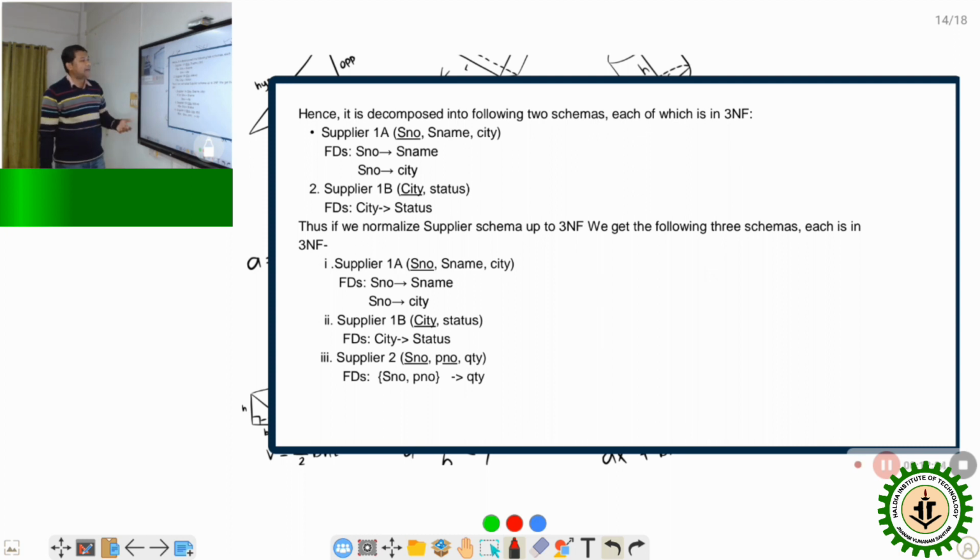Thus, we normalize the supplier schema up to 3NF. We get the following three schemas: supplier 1A with supplier number, supplier name, and city, and FDs supplier number to supplier name and supplier number to city; supplier 1B with city and status, and the FD city implies status; and supplier 2 with supplier number, project number.